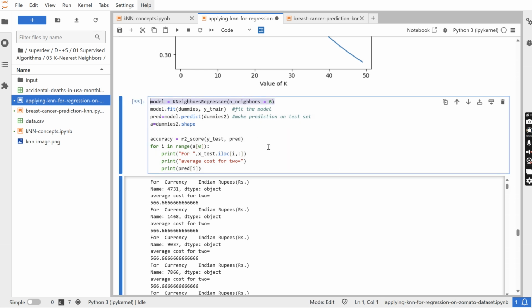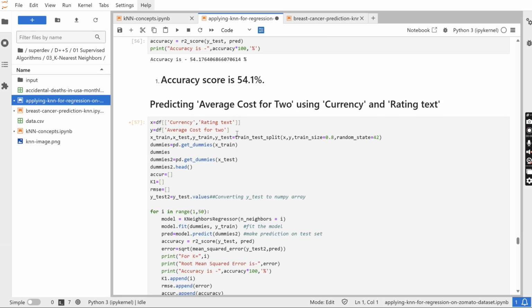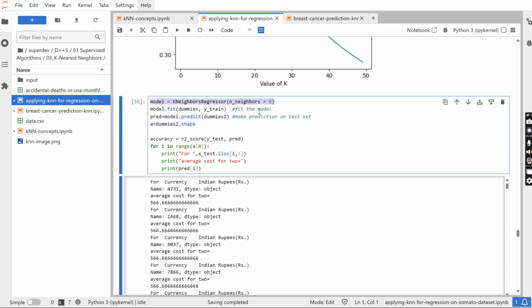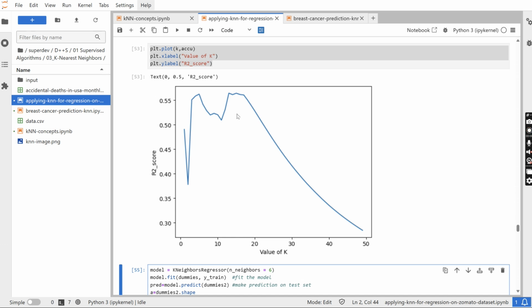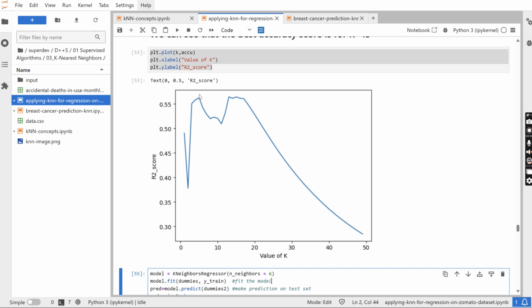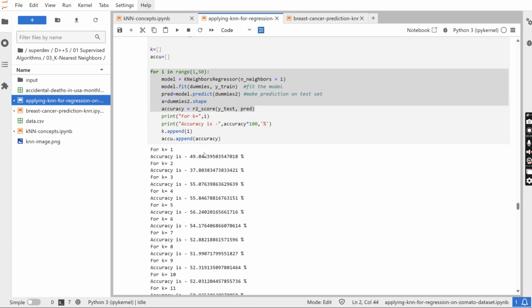Here I have tested with 6, but somewhere here there should be 7. I think I ran multiple runs, that's why I have changed the value. But if you notice, somewhere it is 7, this value is 7. For 7 you are getting, let's verify that.